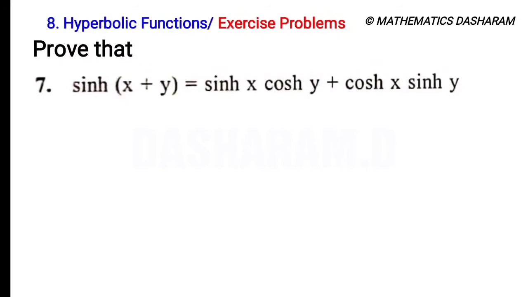Seventh question: sinh(x + y) equals sinh x cosh y plus cosh x sinh y. So first take the RHS.